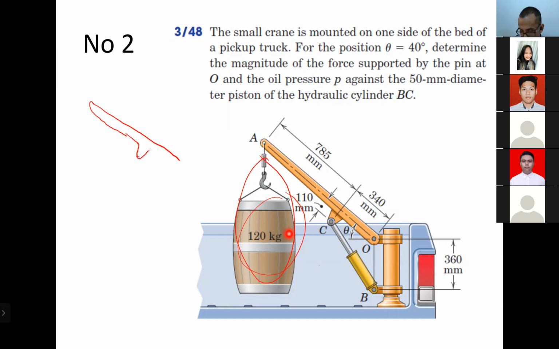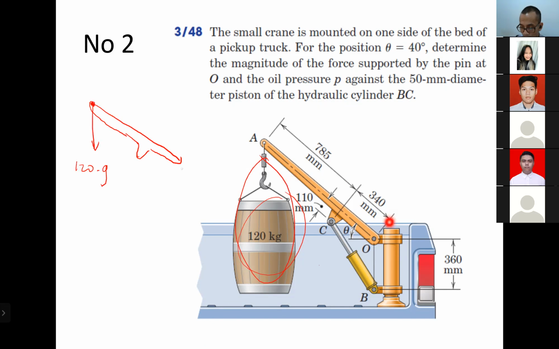So like this, like that. Okay. And at A, there will be an external force at A: 120 kilograms multiplied by g, right? Yes. Okay. Then beside that, what else do you have?